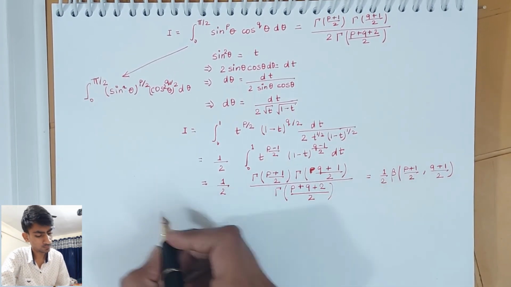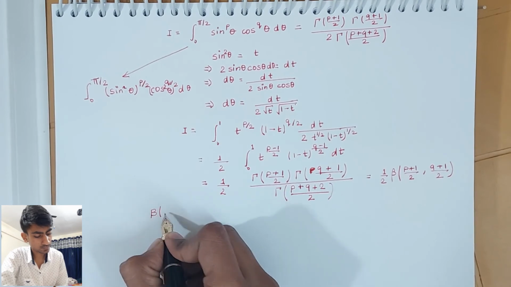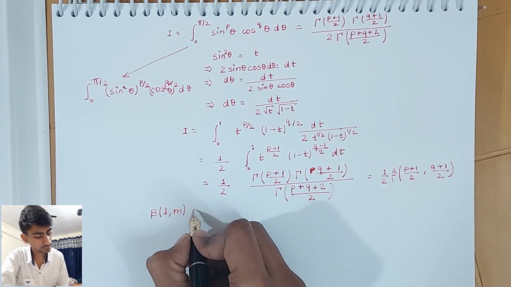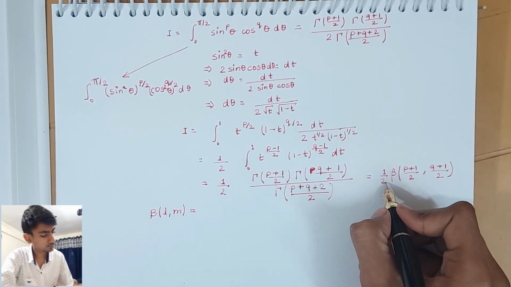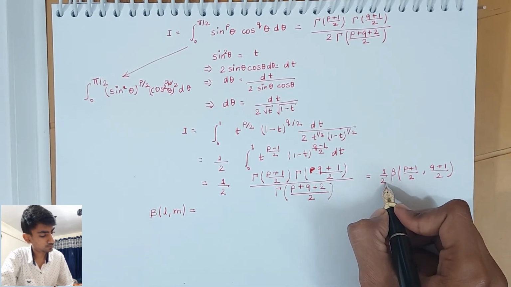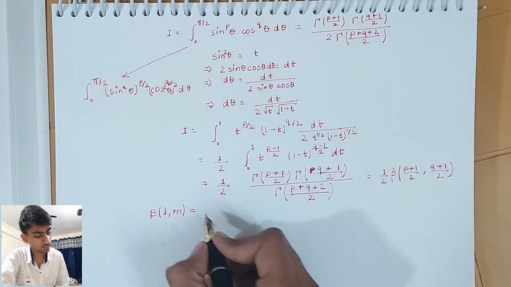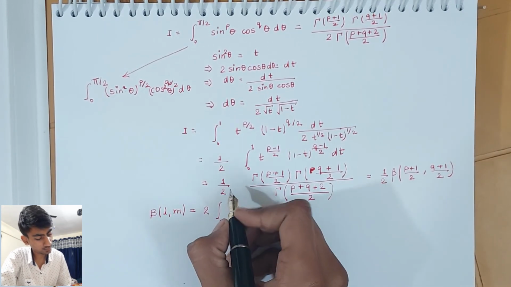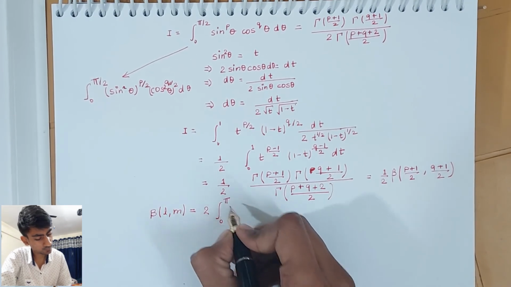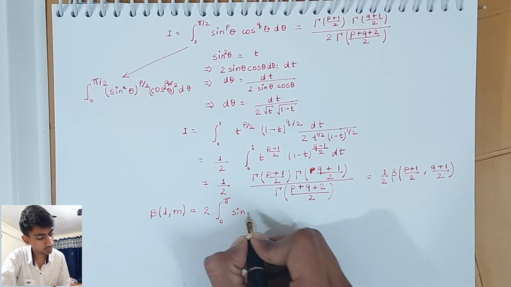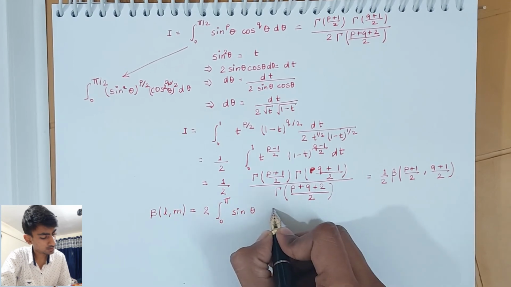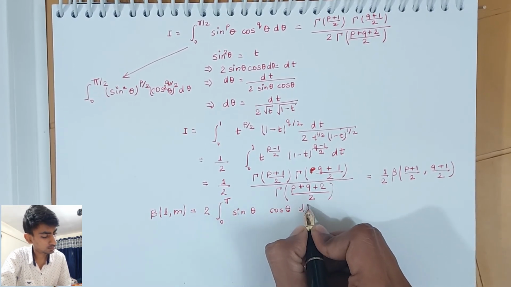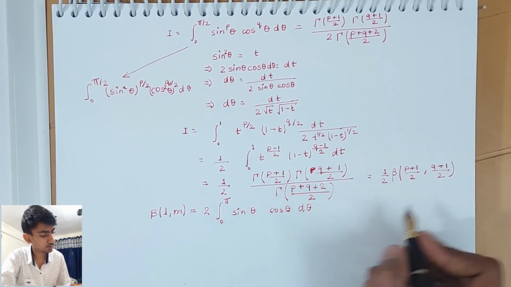So if we take beta of l comma m, then if we put this 2 to the other side, that would become 2 times integration of 0 to pi by 2 sine to the power something and cos to the power something d theta. Let's try to find out what something is.